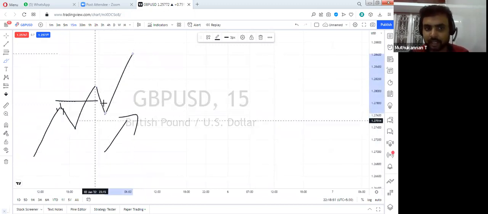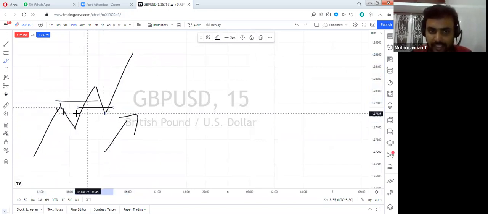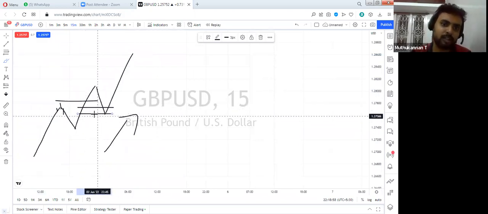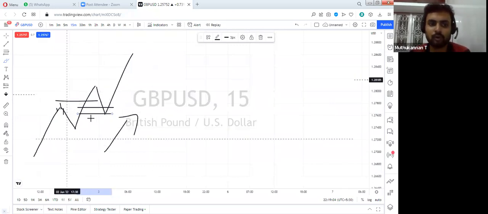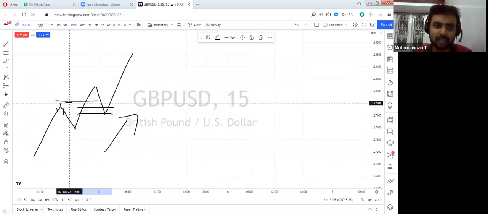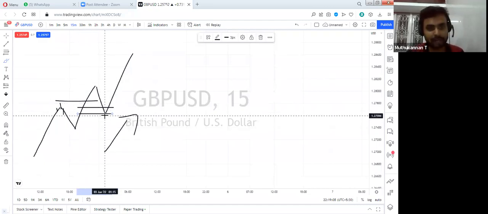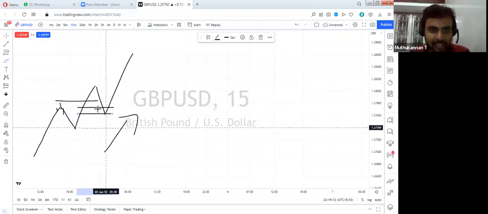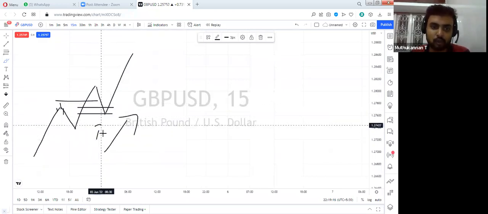From where exactly can it go? It can go from the demand zones or the order blocks. From the order block, it can go up. So market structure is the key thing first, and second we'll be marking our order blocks or supply and demand zones. When price returns to our demand and supply zone, we will be looking for the buying opportunity.